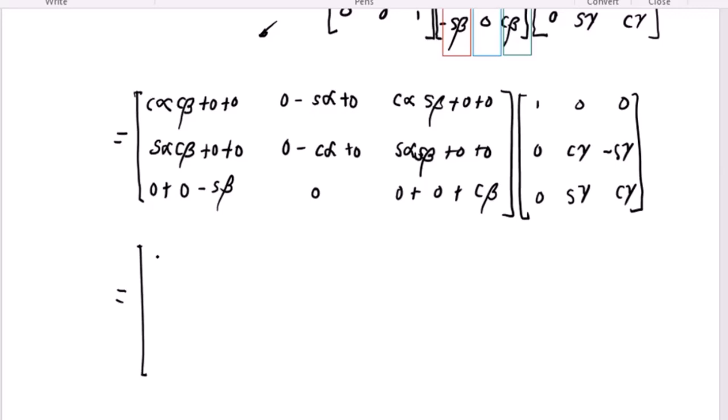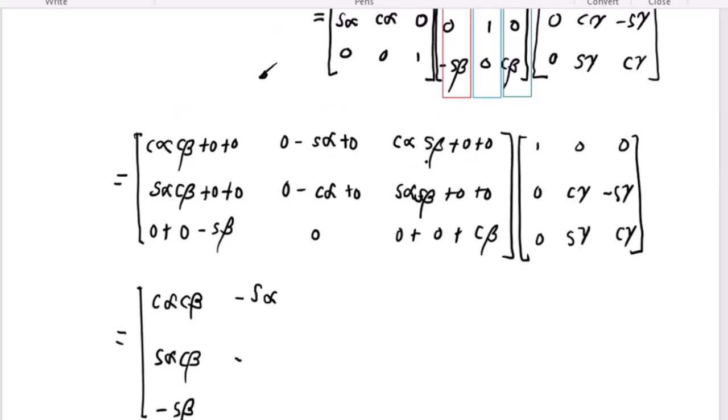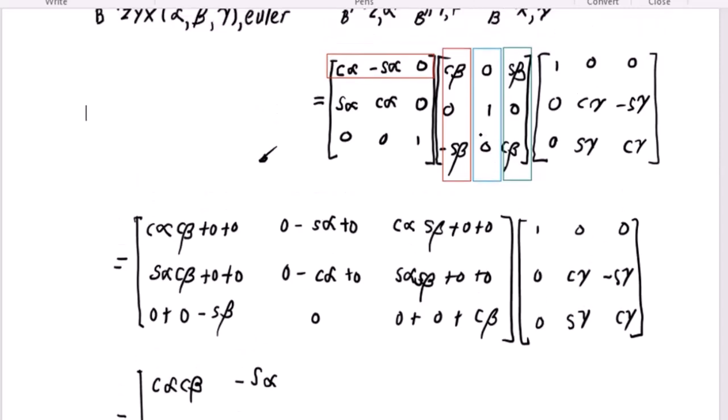So this is now cosine alpha. What's this? Cosine alpha, cosine beta, sine alpha, cosine beta, negative sine beta. This is negative sine alpha. Are we sure this is negative? This is not negative.